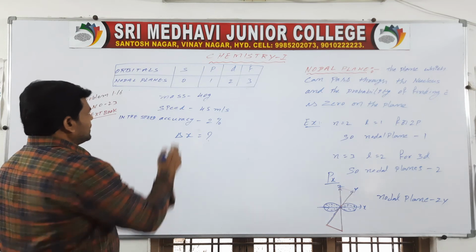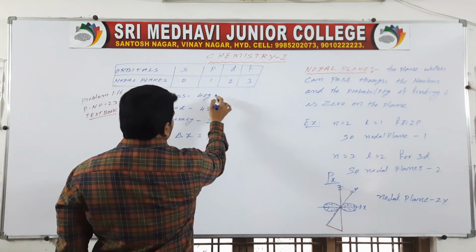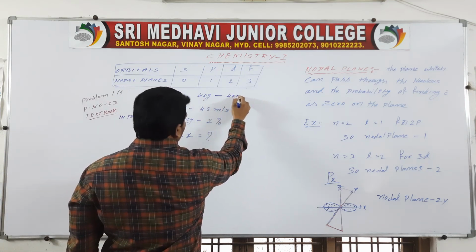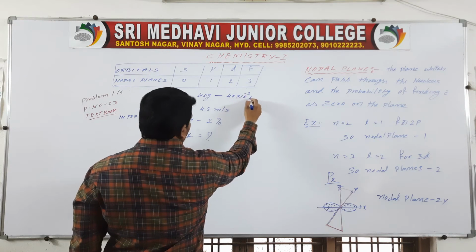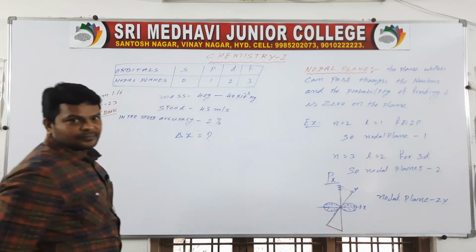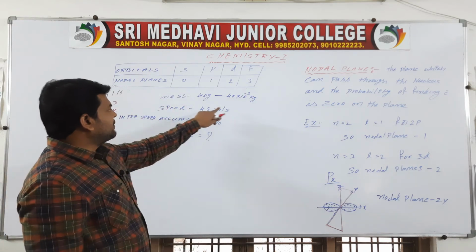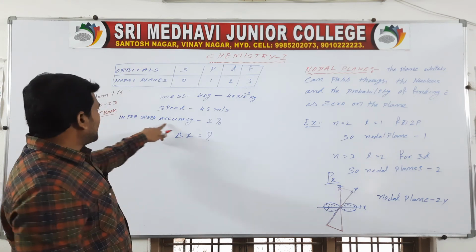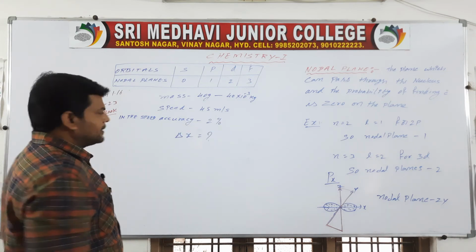See here, mass in grams is given, so I am converting into 40 into 10 power minus 3 kg. Speed 45 meter per second. Then accuracy is 2%.